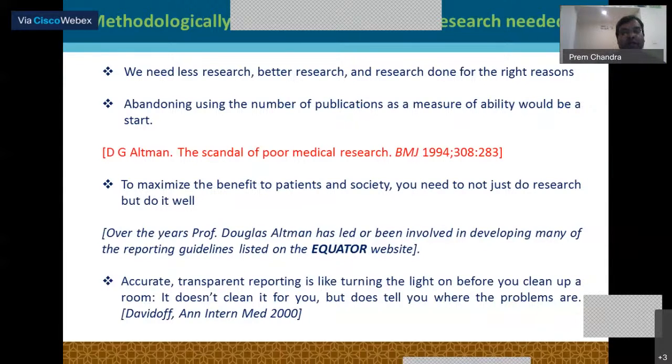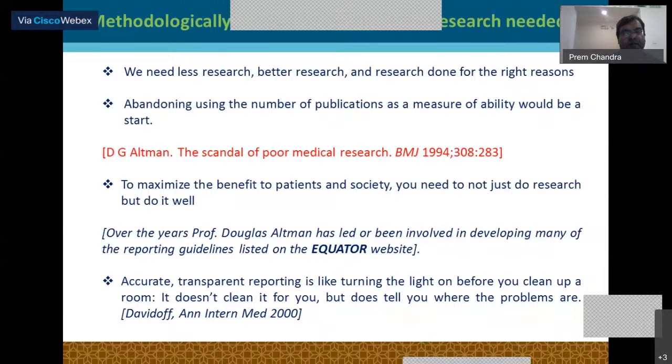The point I would like to highlight is what is said in that publication. The title said we need less research, better research, and research done for the right reasons. Further, he said abandoning the number of publications as a measure of ability would be a start.